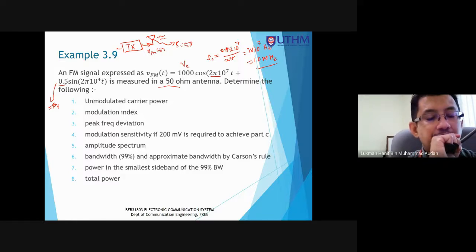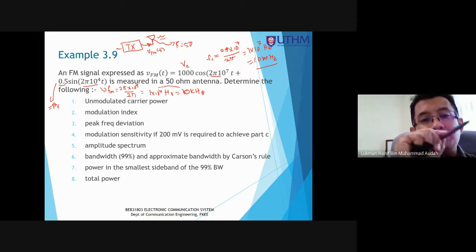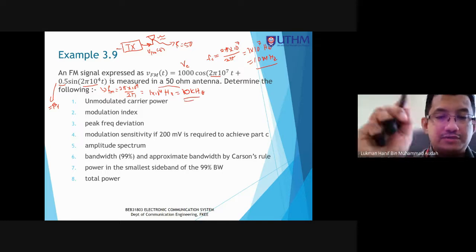And here, 2 pi times 10 power of 4, this is related to fm. fm is equal to 2 pi times 10 power of 4 divided by 2 pi, which is 1 times 10 power of 4 hertz, or 10 kilohertz.